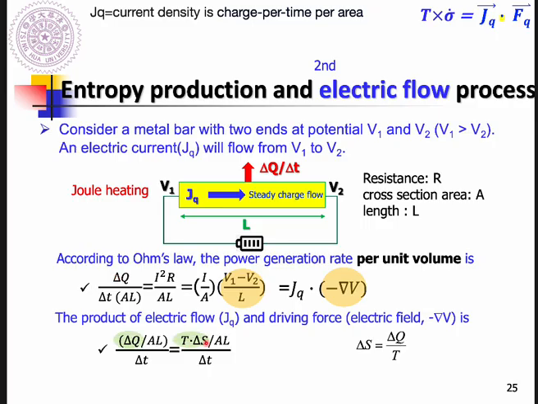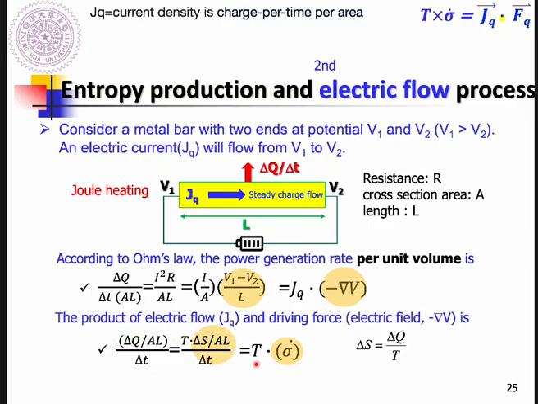So I got T delta S, and the A L put to the upper, then delta T at the bottom. Why? I need to have the temperature times the entropy production rate per volume. Entropy production rate per volume, so it's perfect.